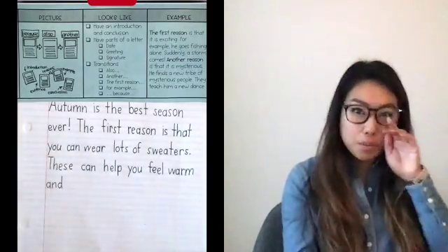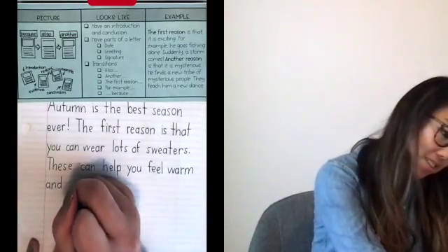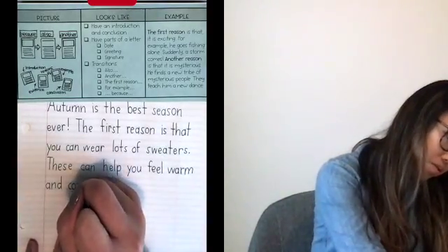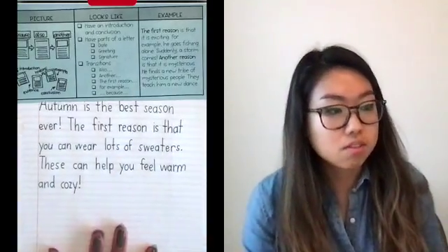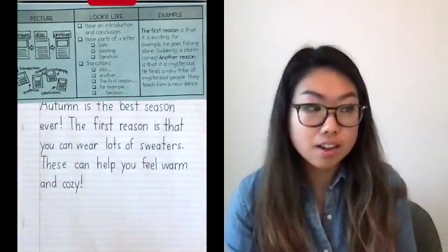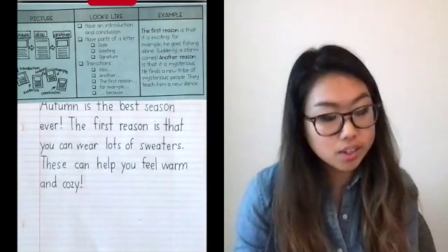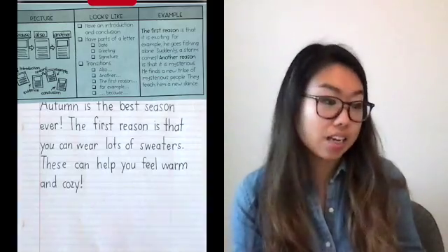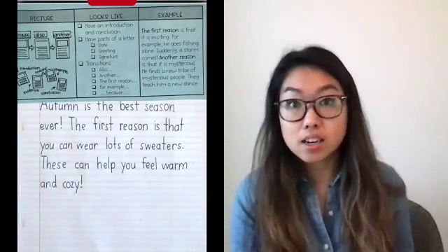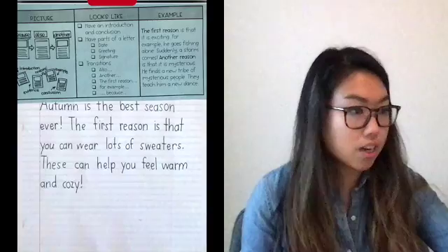Because who doesn't like to be warm and cozy? So now I have one reason and I have one explanation. But what I need to think about is, can I add in more? Can I add in another reason? I could write another reason.